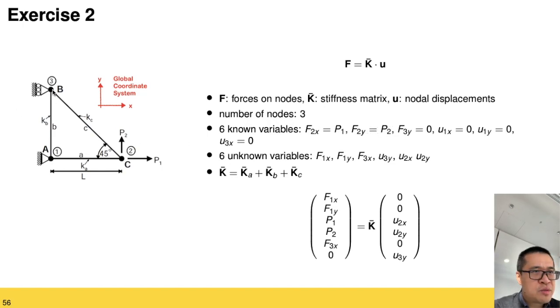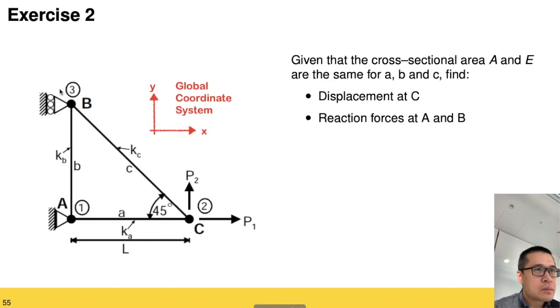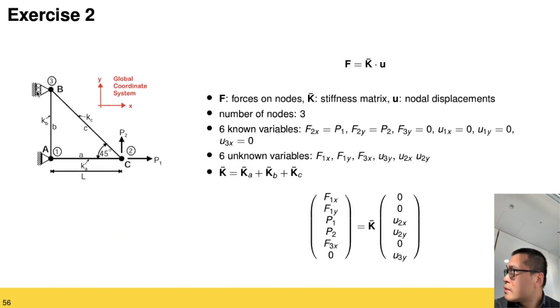On node number 3, there's no force along the y direction, because it is only the supporting force that pushes B along the x direction.